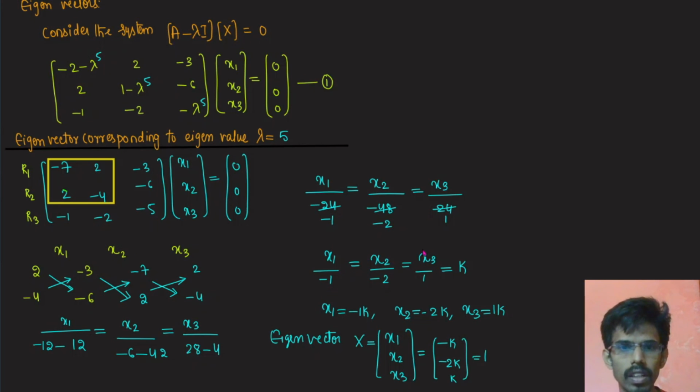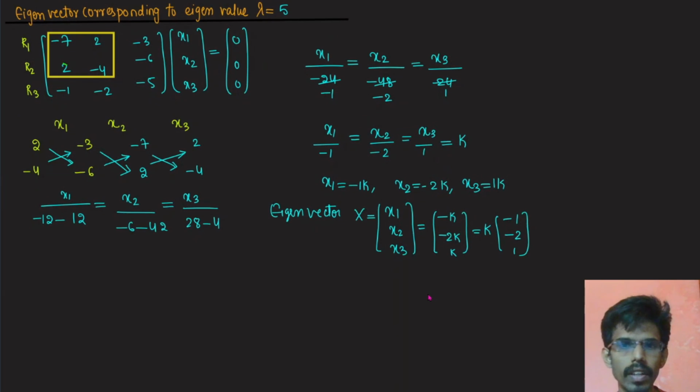If I take k common, we have minus 1, minus 2, 1. If k is taken as some constant 1, then the value of this X will be minus 1, minus 2, 1. So this is the eigenvector corresponding to eigenvalue lambda equal to 5. This method is short.